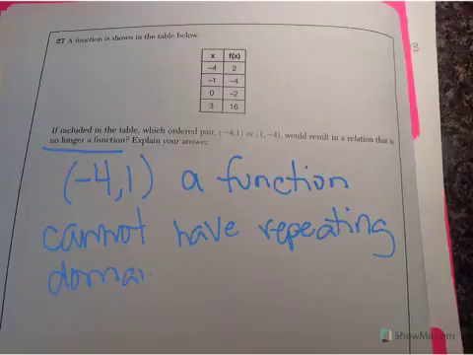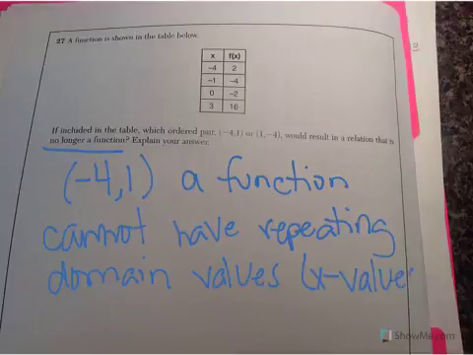And when I say domain values, what I'm referring to are my x values. So ultimately, you can't have a point that has the same x value going to two different y's. Okay, it would be no longer a function if you have repeating x values.